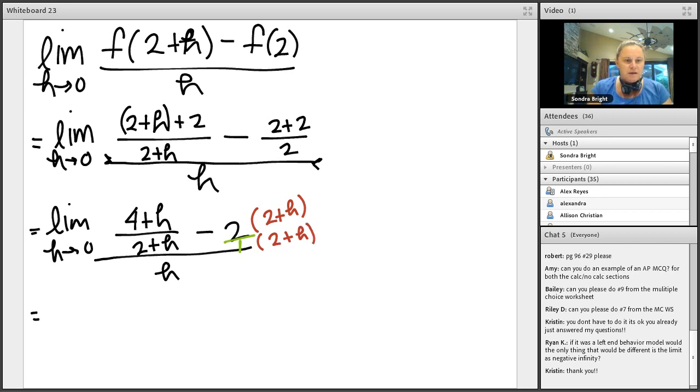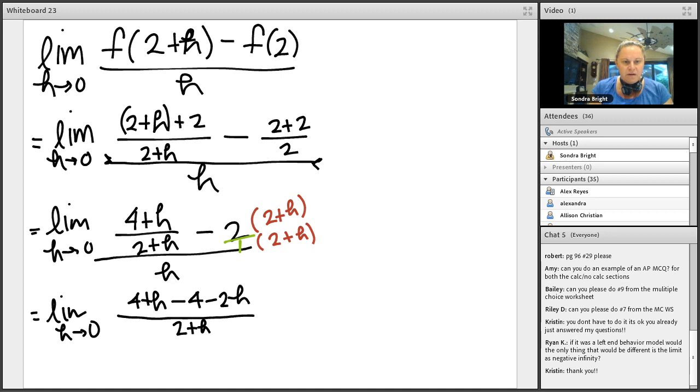So this becomes the limit as h goes to 0 of 4 plus h minus 4 minus 2h, all over 2 plus h, and then all over h.